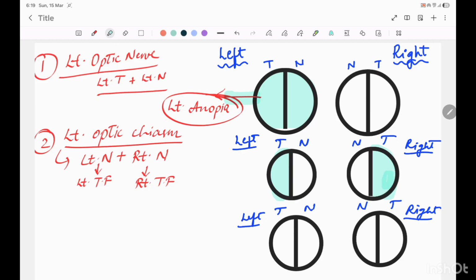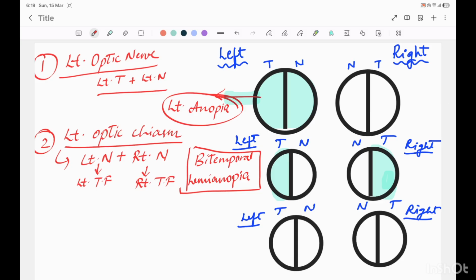Here you can see that in each eye only half of the visual field is affected. That means the patient is able to see through the remaining half. Half blindness is called hemianopia. And since both temporal fields are affected, this condition is called bitemporal hemianopia, or heteronymous hemianopia.